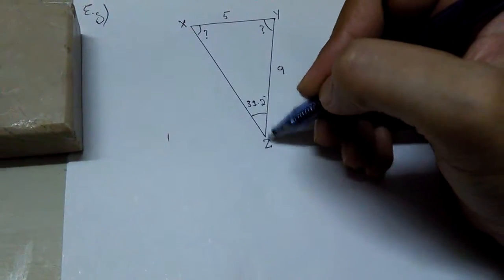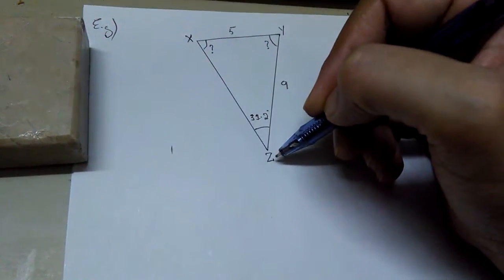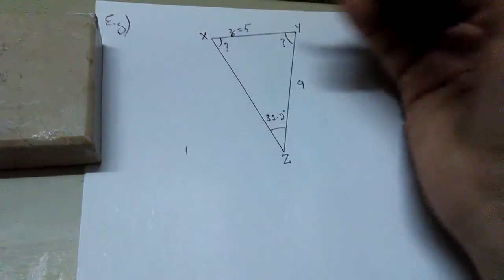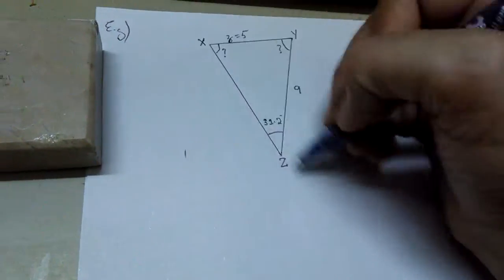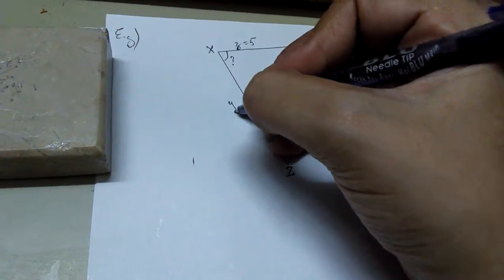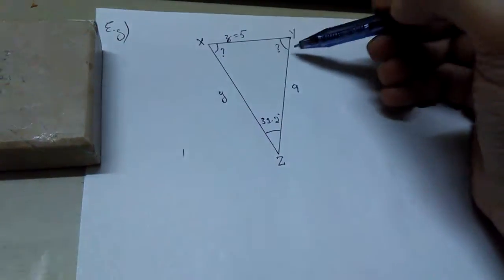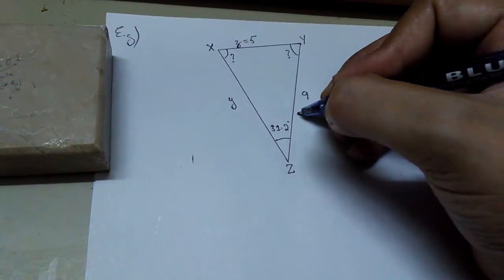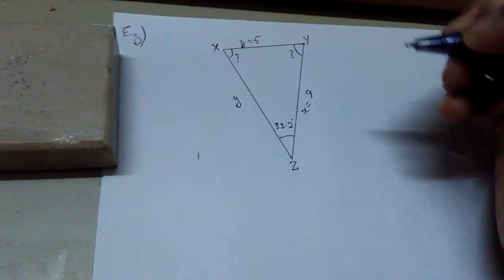We know that the side which is right opposite to this vertex Z, I'm going to represent with my small z, which is 5. The side which is right opposite to my vertex Y, I'll represent its length with my small y. And the side which is right opposite to my vertex X, I'm going to represent with my small x, and it is 9 here.